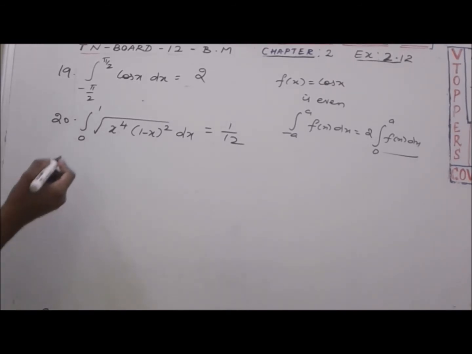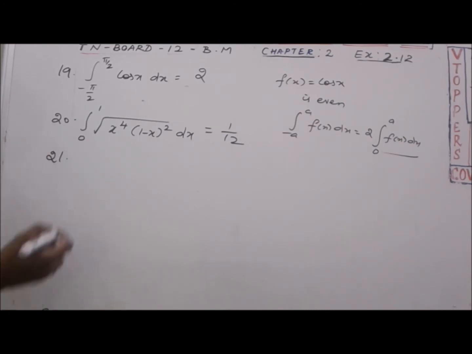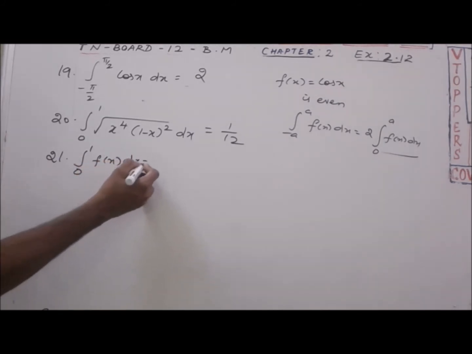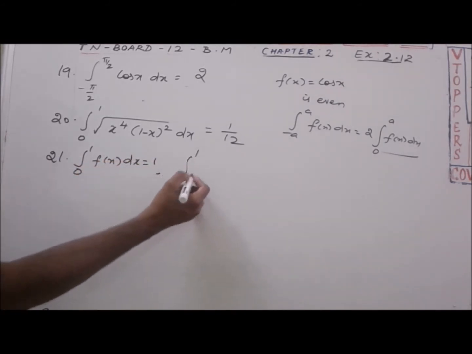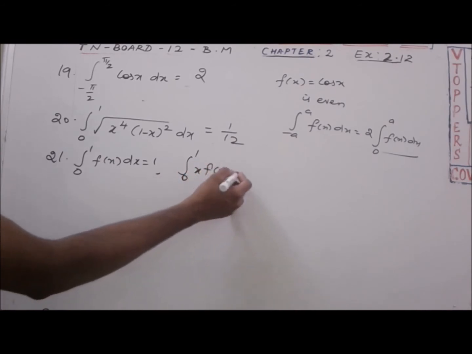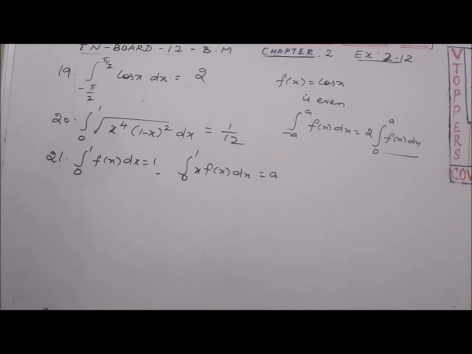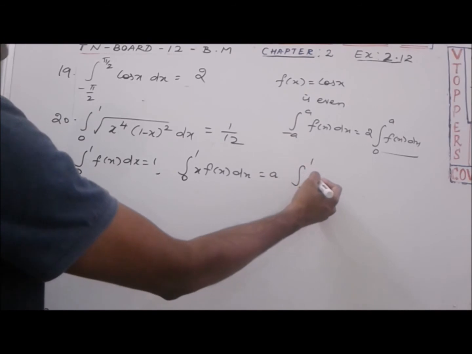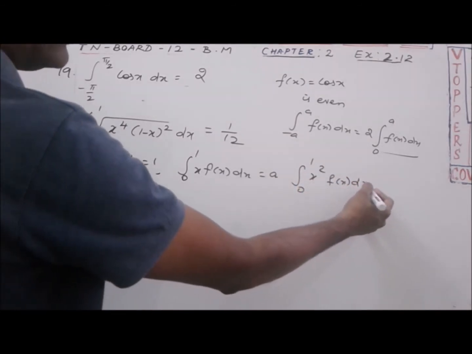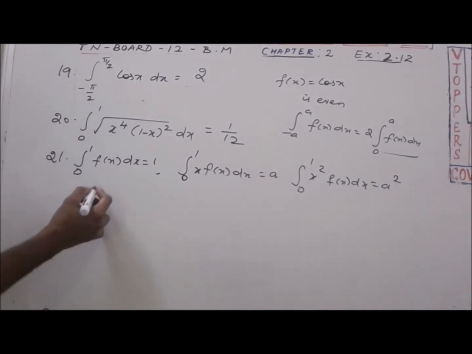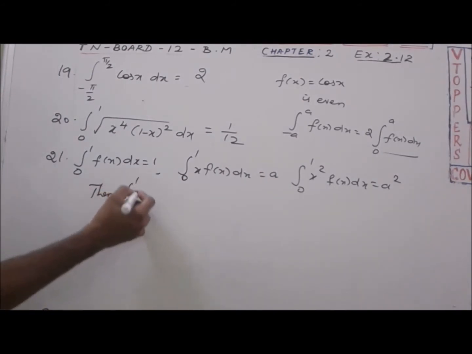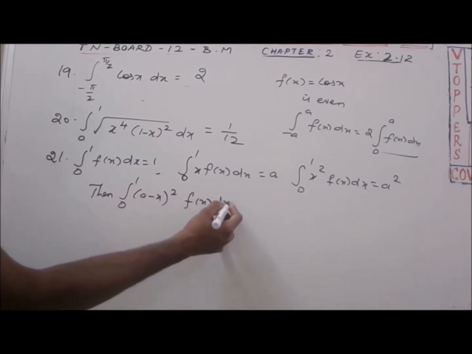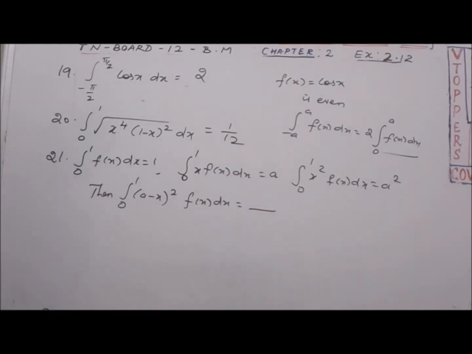Now 21. If integral 0 to 1 f of x dx is equal to 1, integral 0 to 1 x into f of x dx is equal to a, and integral 0 to 1 x square f of x dx is equal to a square, then integral 0 to 1 a minus x whole square f of x dx is equal to dash is given.